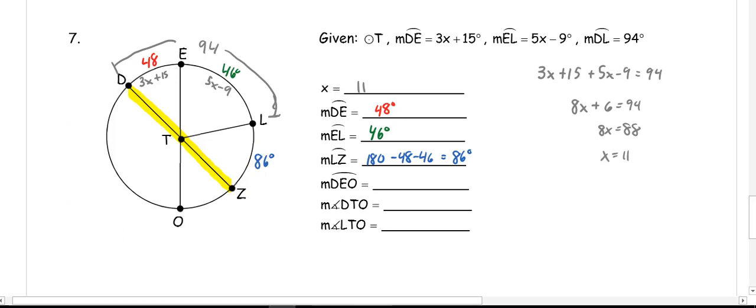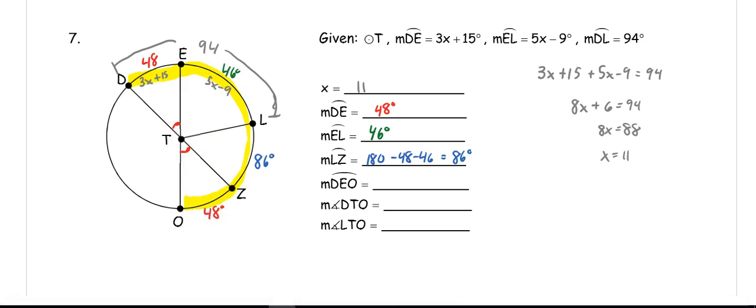Then the next arc that we are looking for is DEO. Well, to get DEO, we need to know OZ, and we can find that easily because these two central angles, DTE and ZTO, are vertical angles, so they're congruent, which makes this arc 48 degrees.